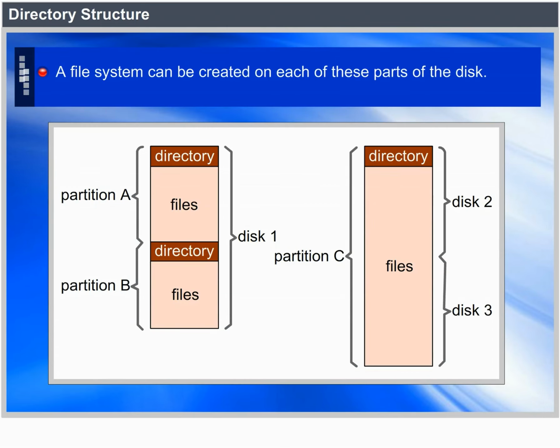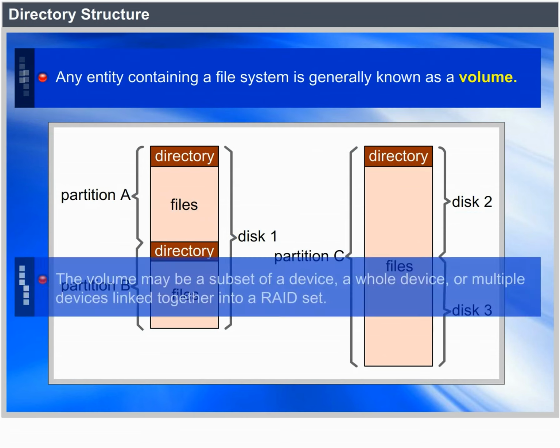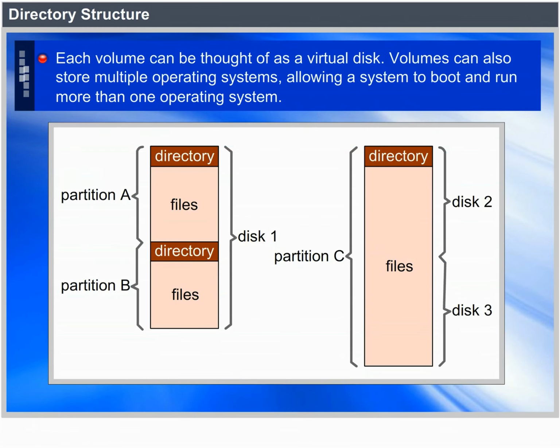An entity containing a file system is generally known as a volume. The volume may be a subset of a device, a whole device, or multiple devices linked together into a RAID set. Each volume can be thought of as a virtual disk. Volumes can also store multiple operating systems, allowing a system to boot and run more than one operating system.